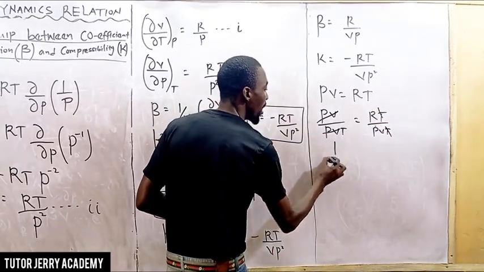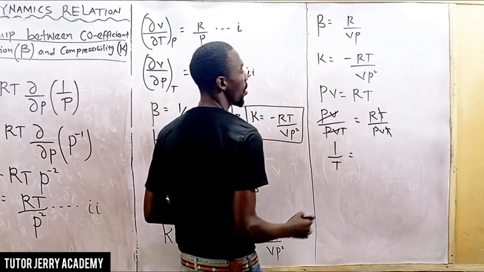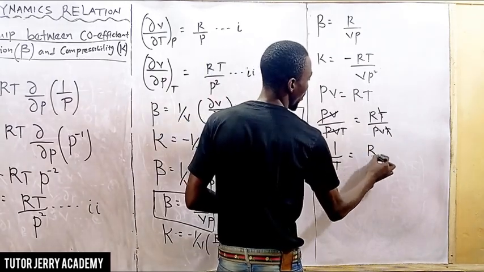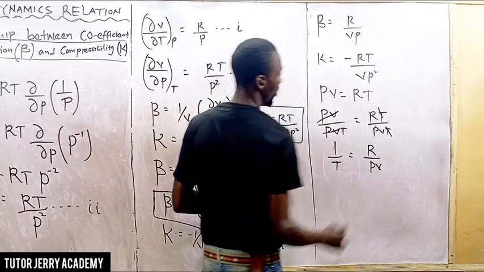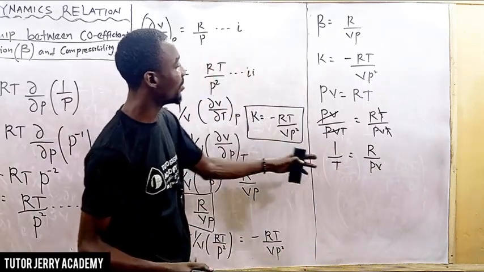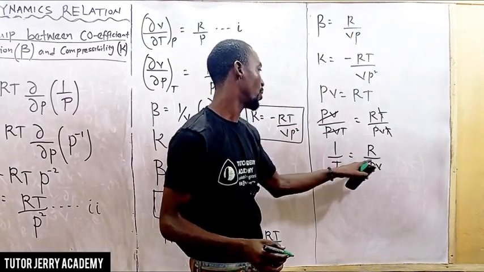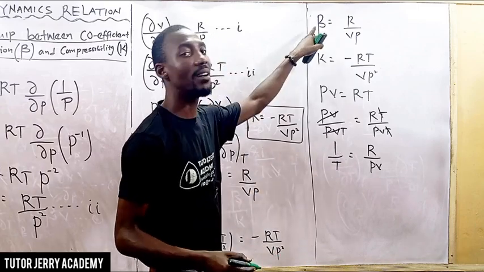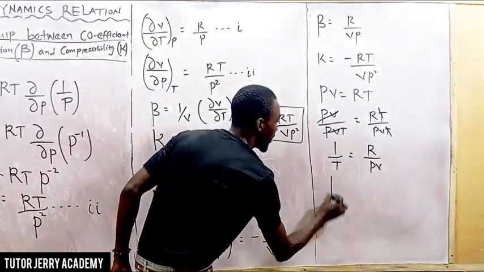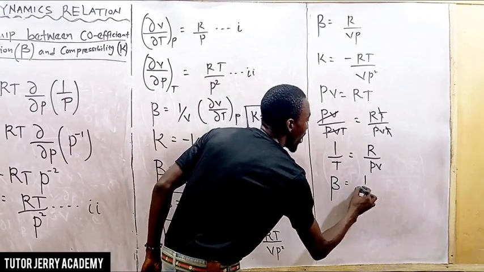So we'll be left with 1 all over T equal to R all over PV. So we can rewrite our beta to be equal to 1 all over T.